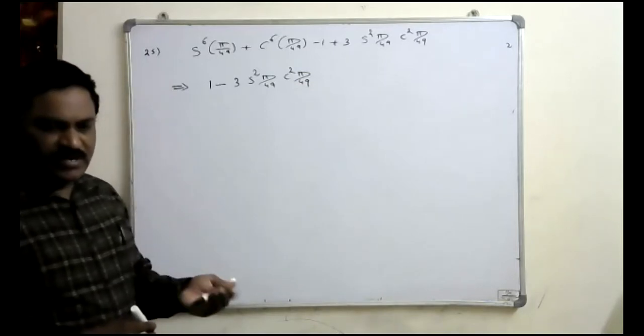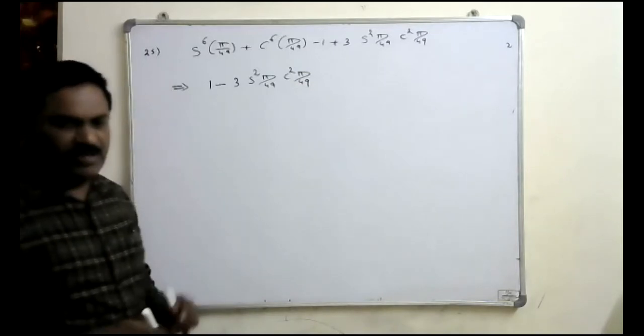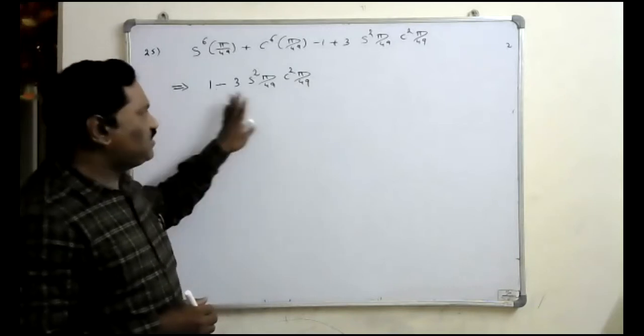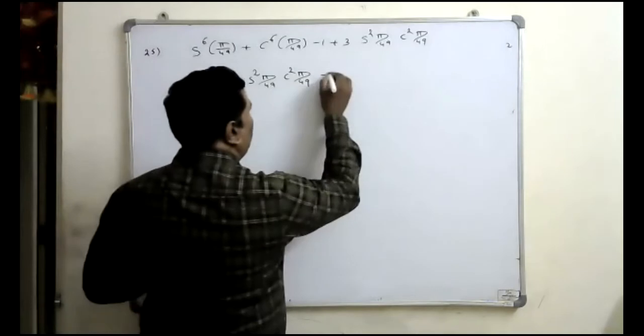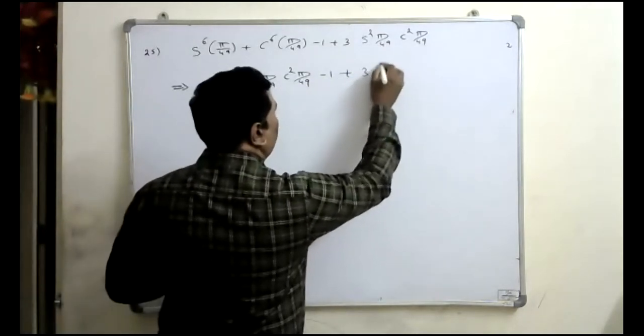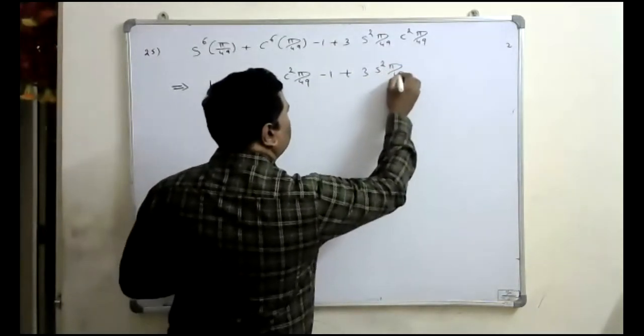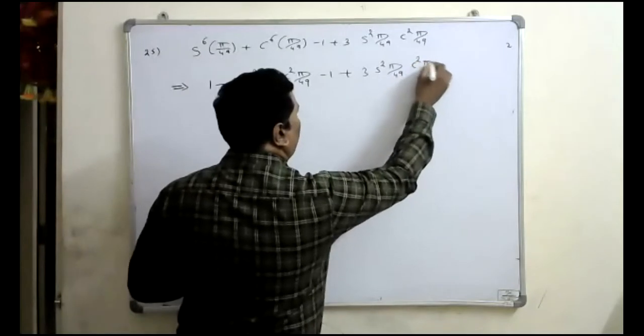Sin^6 θ + cos^6 θ we can write as 1 − 3 sin²θ cos²θ, then − 1 + 3 sin²(π/49) cos²(π/49).